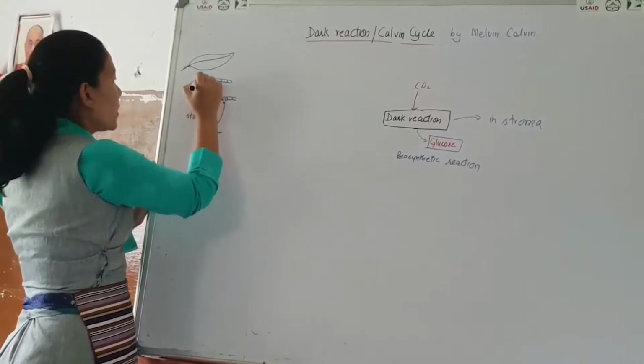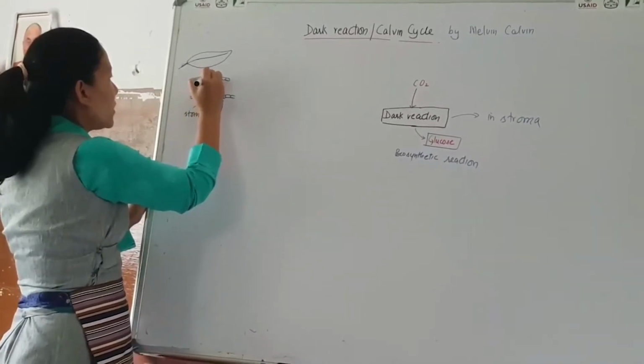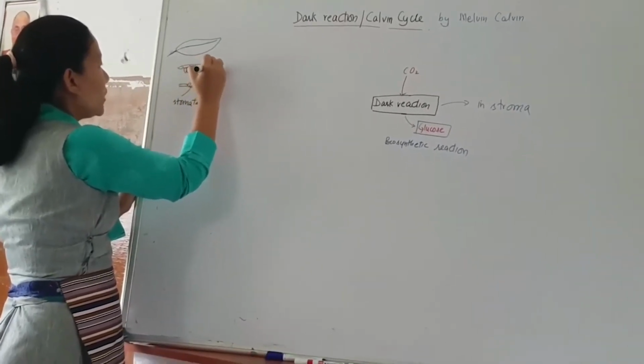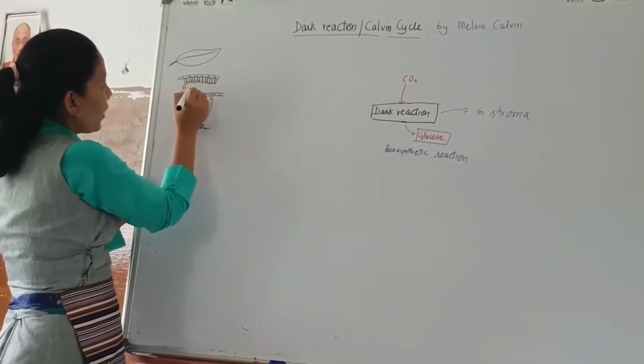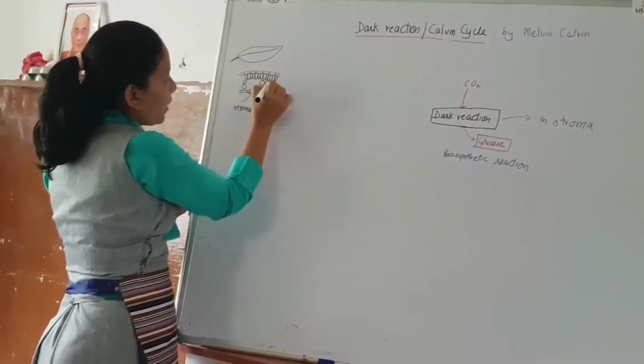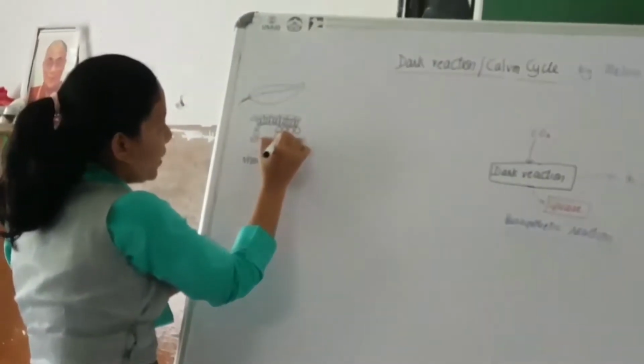And inside there are various mesophyll cells, of 2 types, palisade and spongy parenchyma.